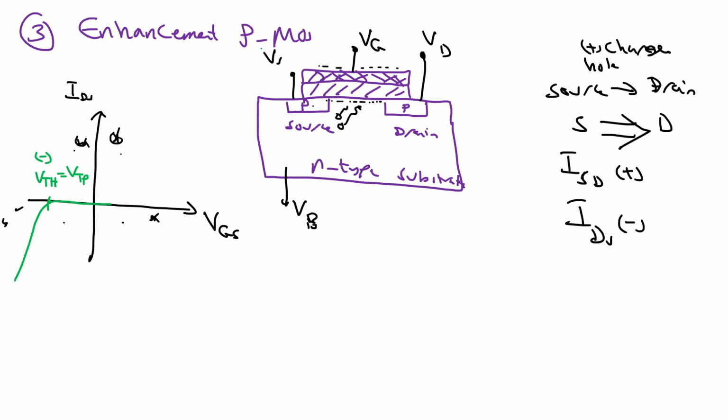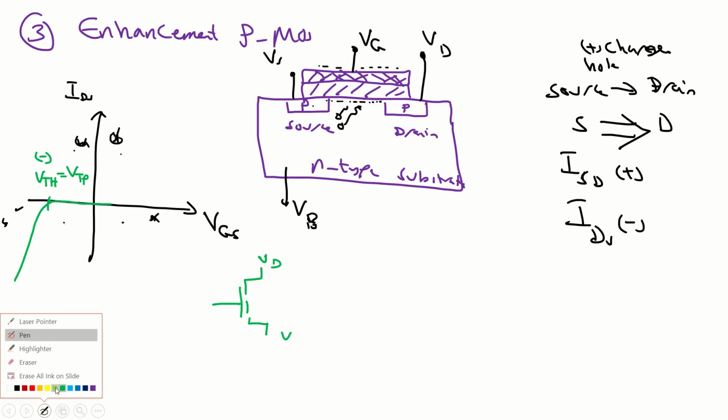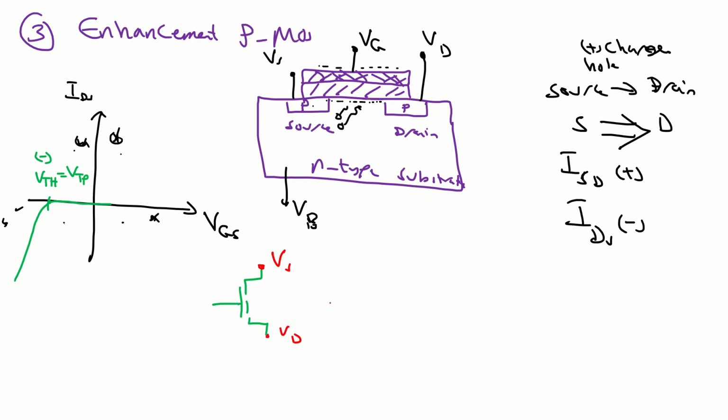And take it as a rule in the P MOSFET, if this is the sample of the enhancement P MOSFET, I will write it in a different way. This is the source, and this is VD, and VS should be greater than VD.